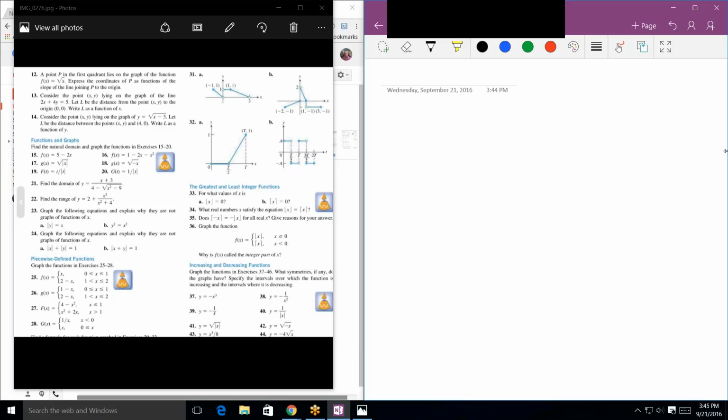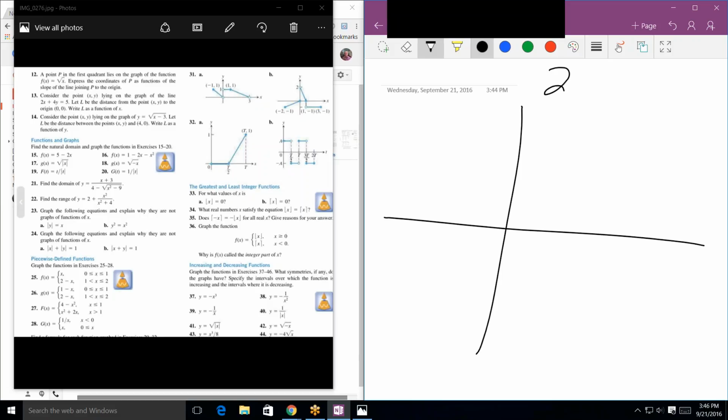Okay. All right, let's look at 13. Consider a point lying on the graph of the line 2x plus 4y equals 5. Well, the best way to graph that, because it's in standard format, I could graph it two ways.